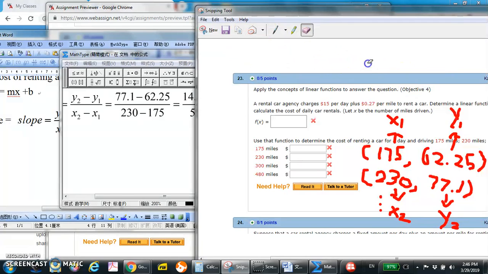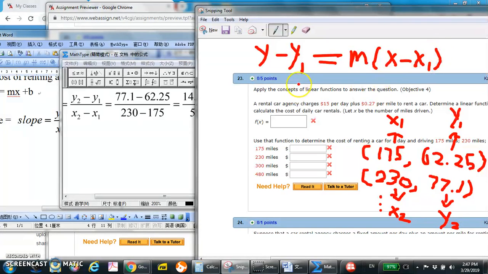Now, after we found the slope, next, if we use this formula, the point-slope form, we can find the equation. So far we have these two points.